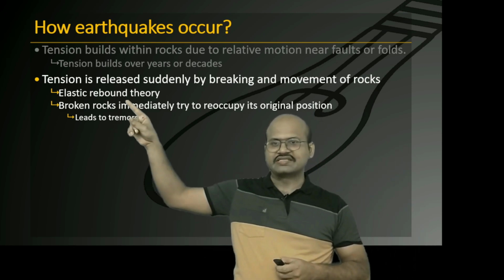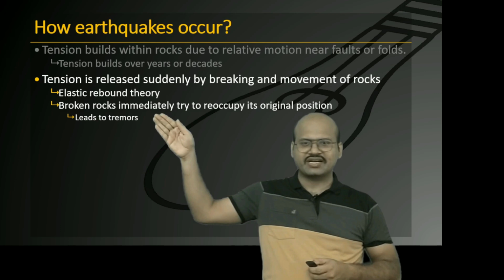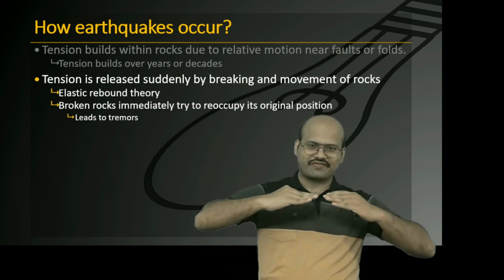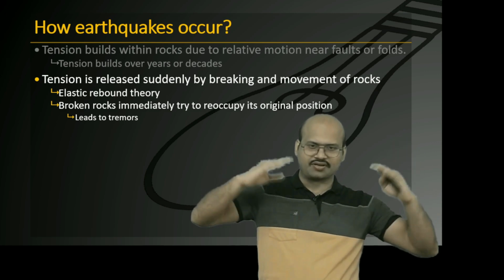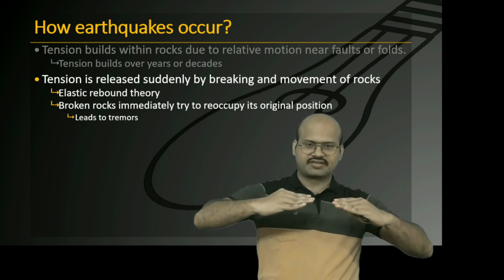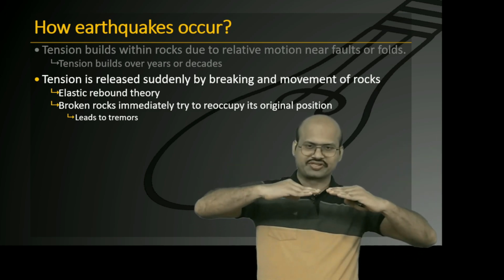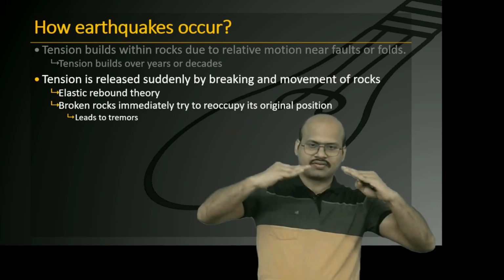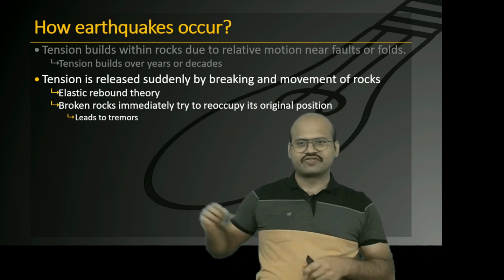Elastic rebound theory says that broken rocks immediately try to reoccupy their original position. What it says is that when the rocks break, they will not stop here. They will try to reoccupy their original position. In fact, sometimes there could be certain other vibrations, and because of this we see tremors.